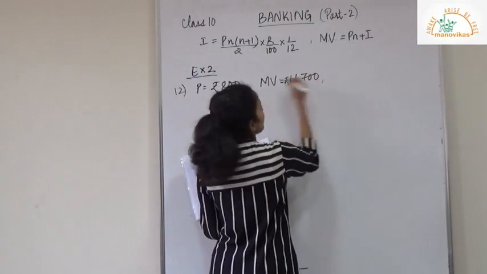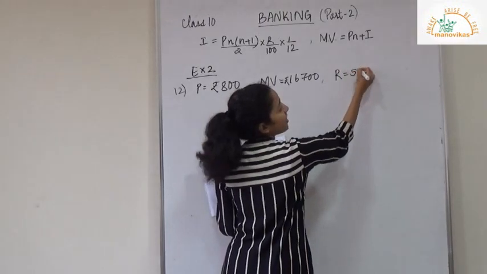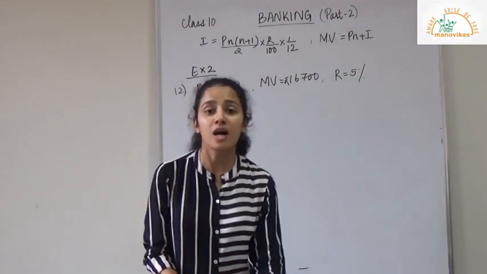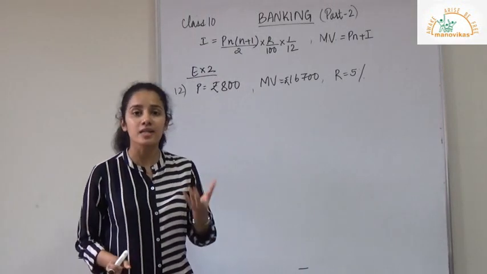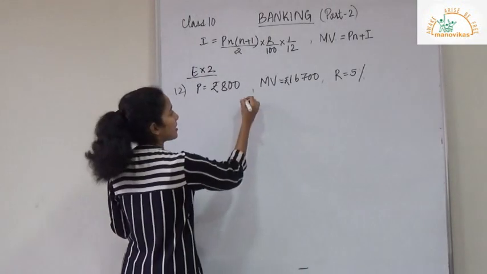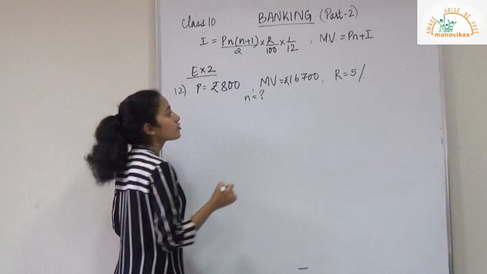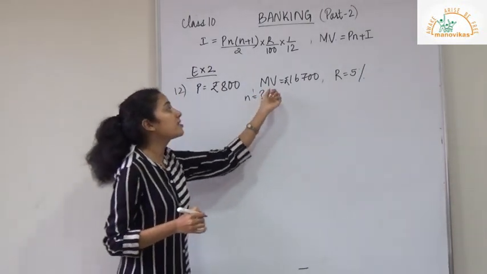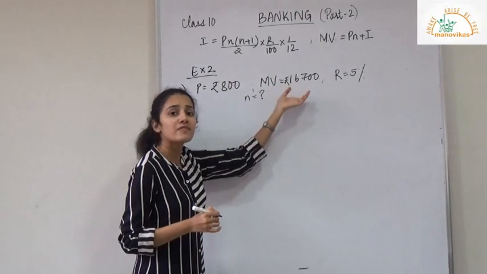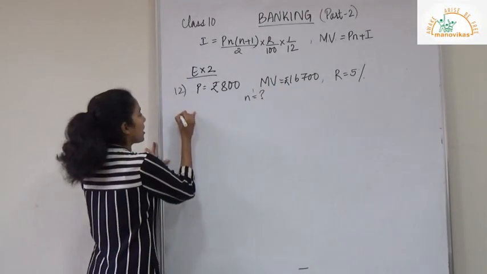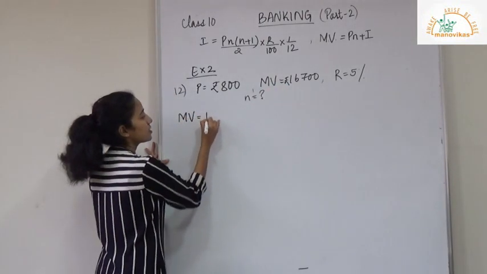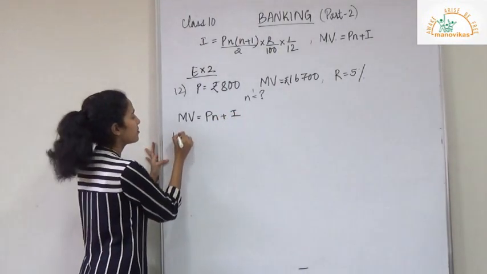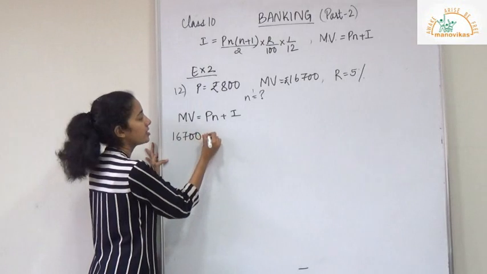So another thing that is given is the rate, which is 5%. So the total time for which the account was held is for how many months it was held. That is nothing but n. So here you have to calculate the number of months. So first you are given the maturity value. So we will be using that formula. So I have maturity value is equal to Pn plus I. Maturity value is 16,700.